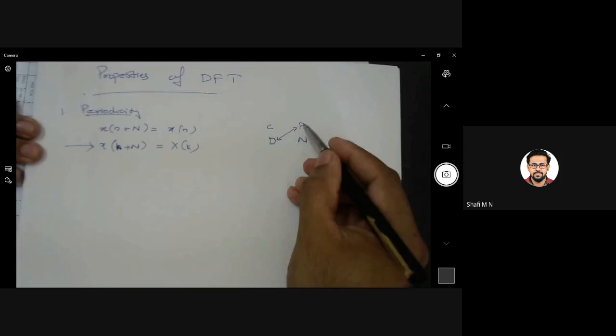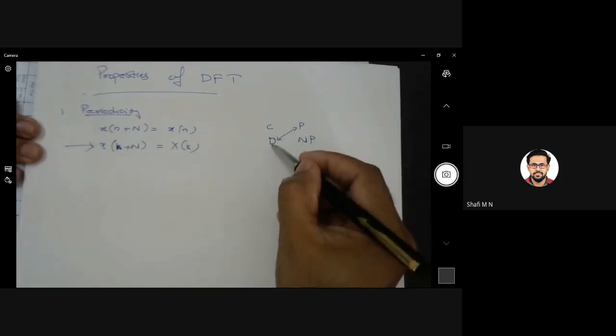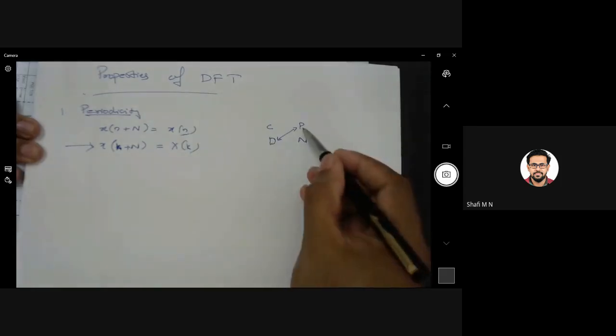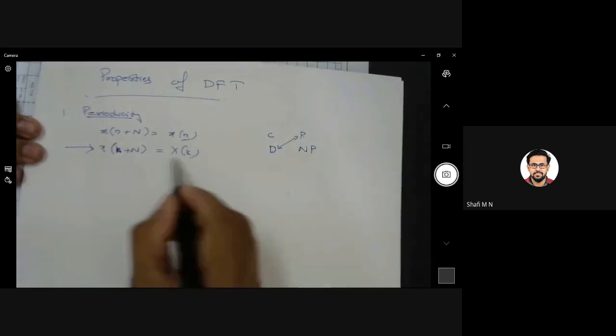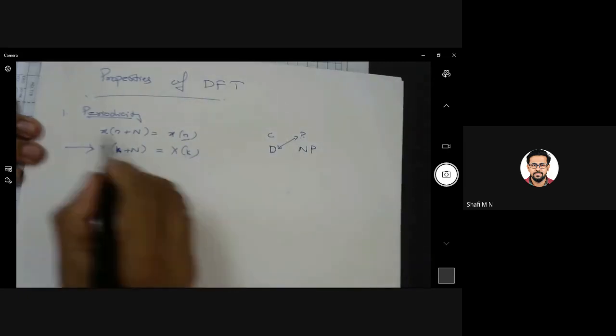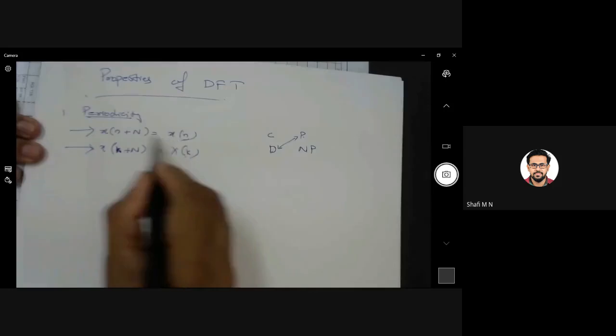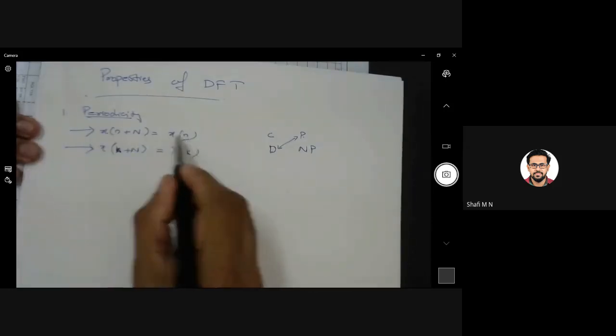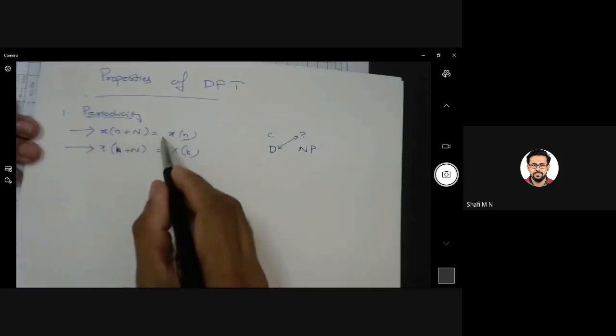Right? You are dealing with x of n, discrete signal. So that will be periodic in frequency domain. So you can say that x of k will be definitely periodic. That's it. Now the first statement, why it is like this? x of n plus N equal to x of n. Time domain periodicity is there. Why? What is the reason?